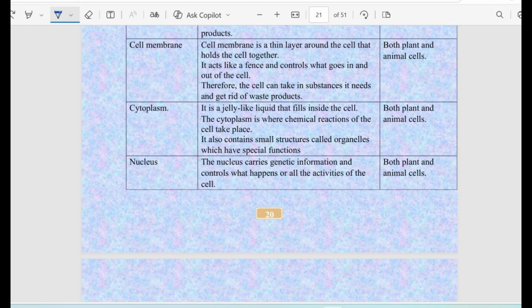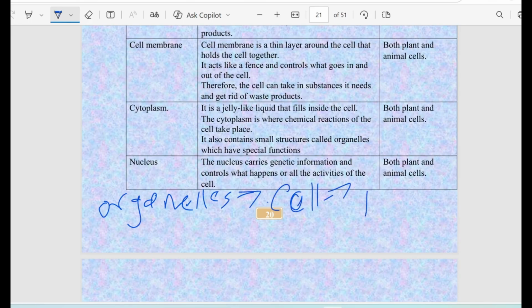Let me try to draw that structure. Organelles form a cell. Cells form tissues. Tissues form an organ.